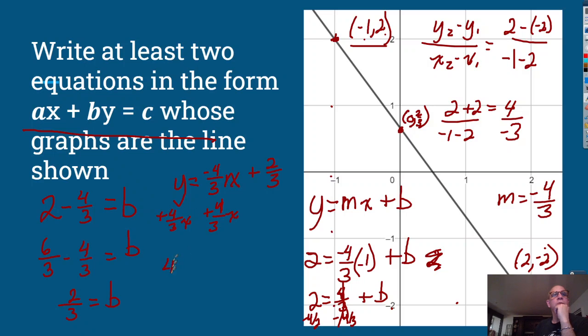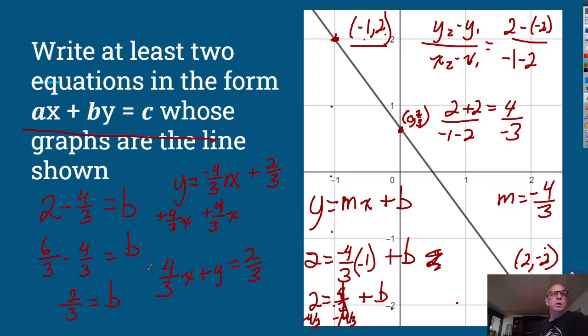So I have 4 thirds x plus y equals 2 thirds. I know this is getting really long, right? These have to be integers, so I can't have fractions.